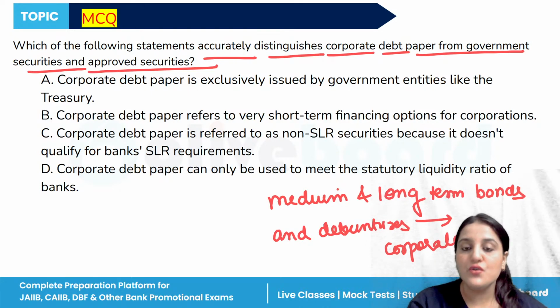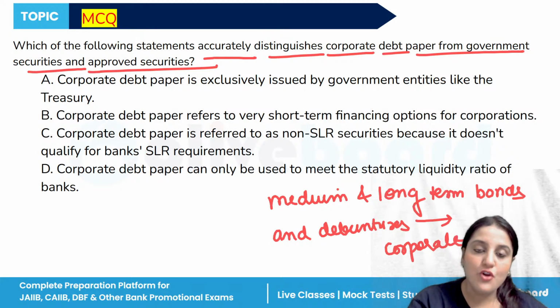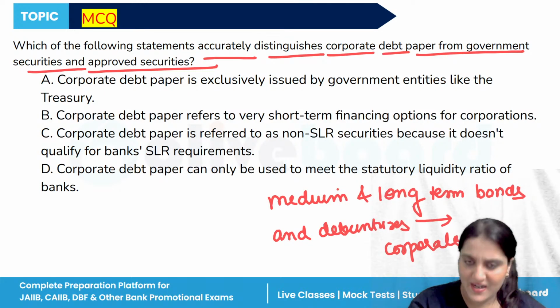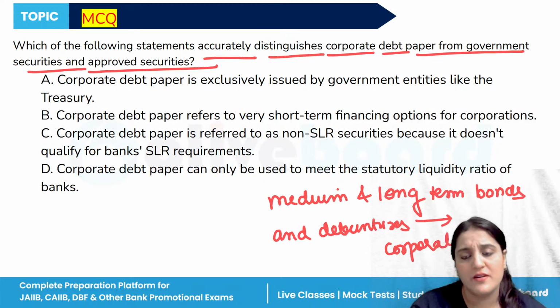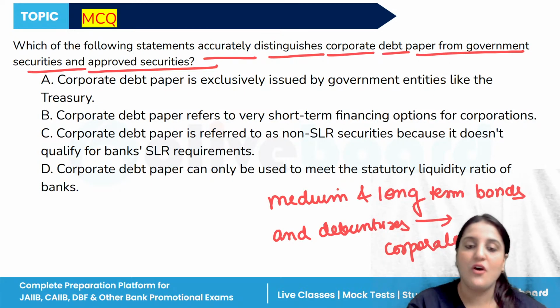These are also referred to as non-SLR securities, to distinguish corporate debt from government securities and some other approved securities which are eligible for meeting the SLR requirements of the banks.